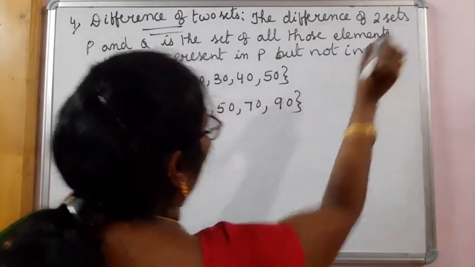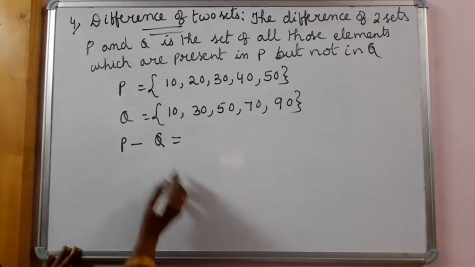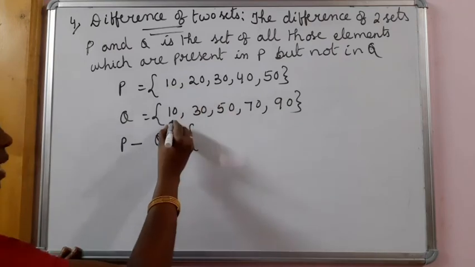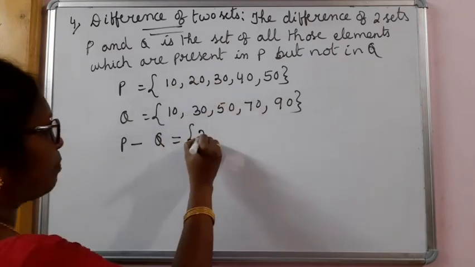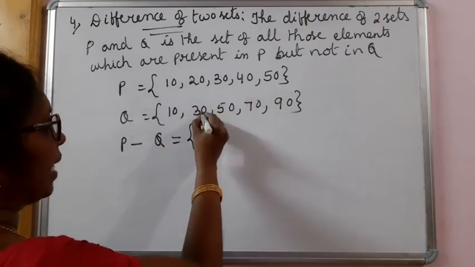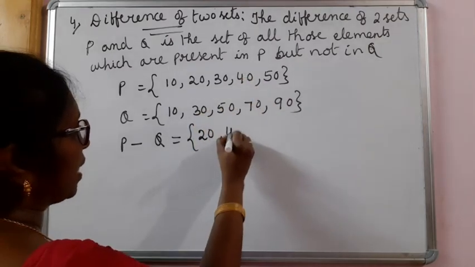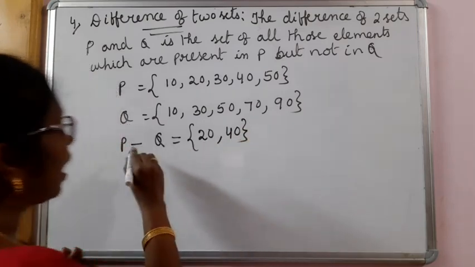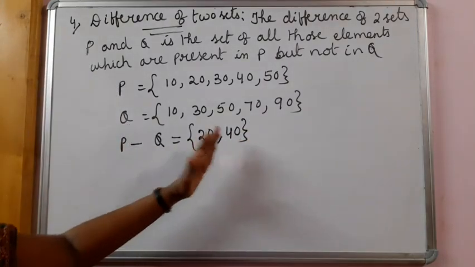If it is P minus Q, 10 is present in both. 20 is present in P but not in Q. 30 is present in both. 40 is present in P but not in Q. 50 is present in both. So P minus Q is 20, 40.